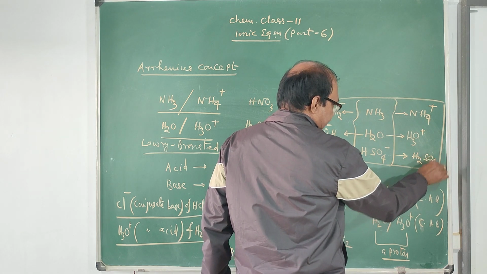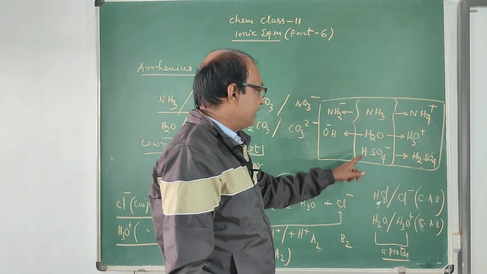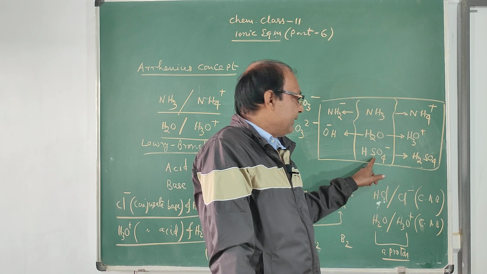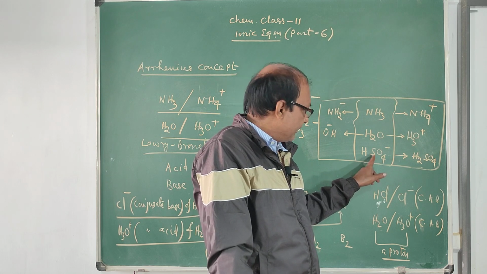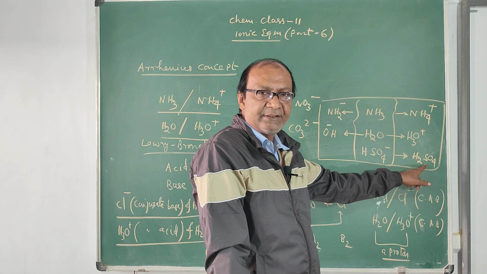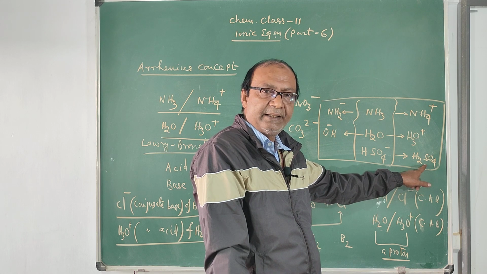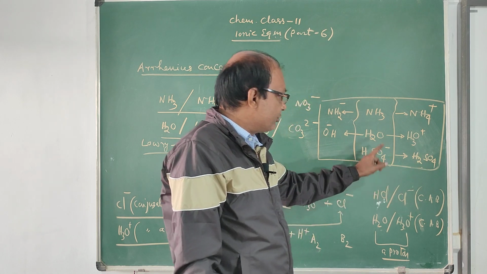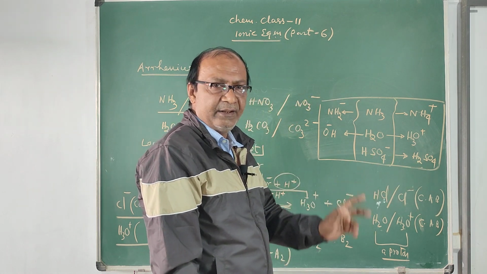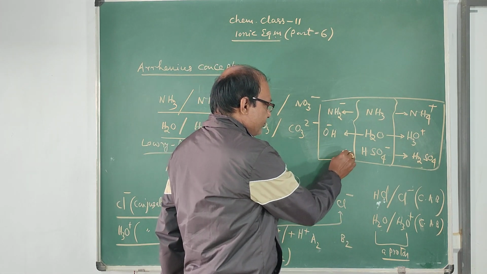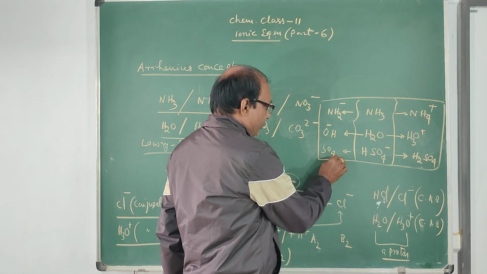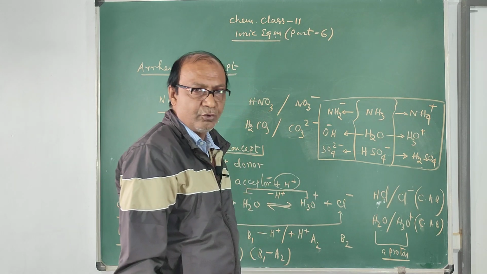See, if you consider HSO4 minus a weak base, then its conjugate acid H2SO4 is a strong acid. If you consider HSO4 minus an acid, then its conjugate base will be SO4 2 minus.